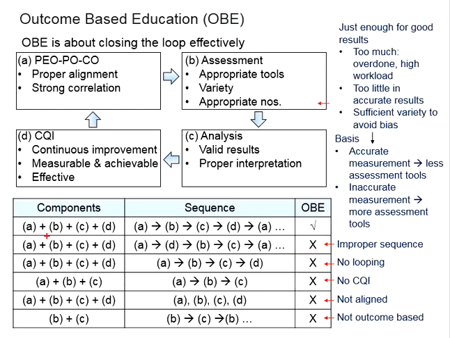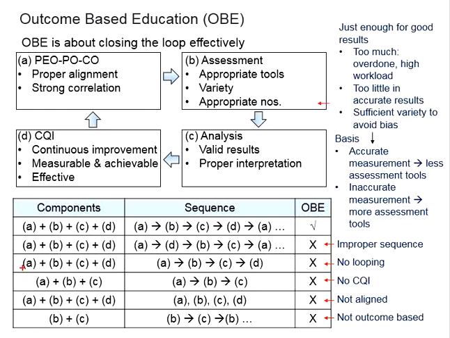Or you have the third scenario here. You have all of A, B, C, and D. Now you do A, B, C, D, and then it ends at D. There is no looping. That means this is not really an OBE.